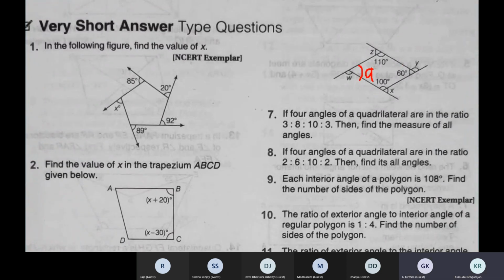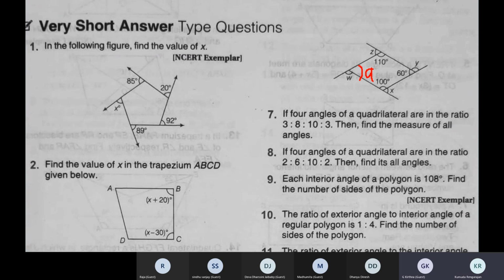Repeat so that the others are able to hear you. Yes. 100. So A. The sum of the angles of a quadrilateral is equal to 360 degrees. So 100 plus 60 plus 110 plus A is equal to 360, ma'am.